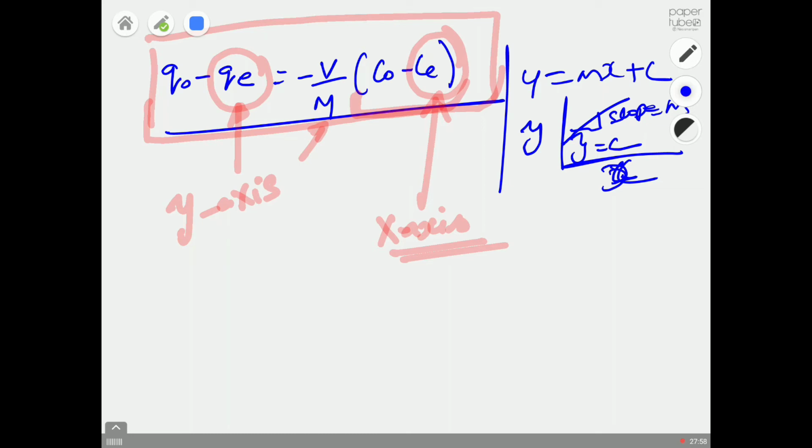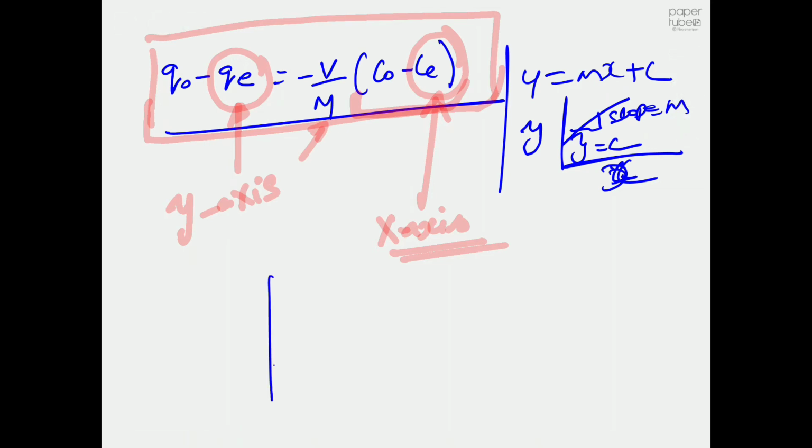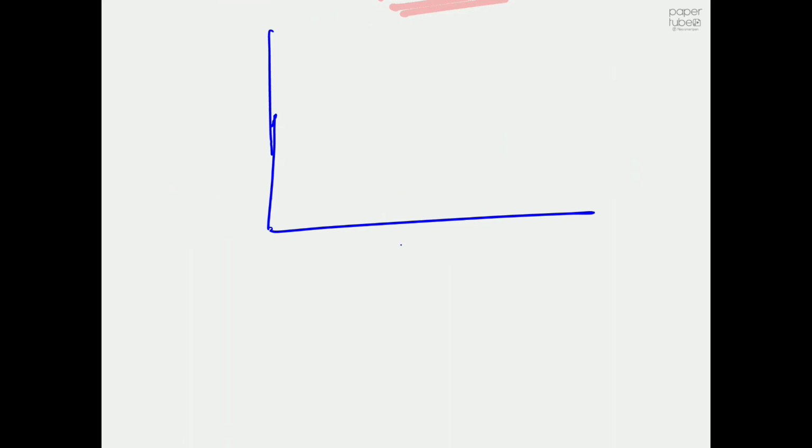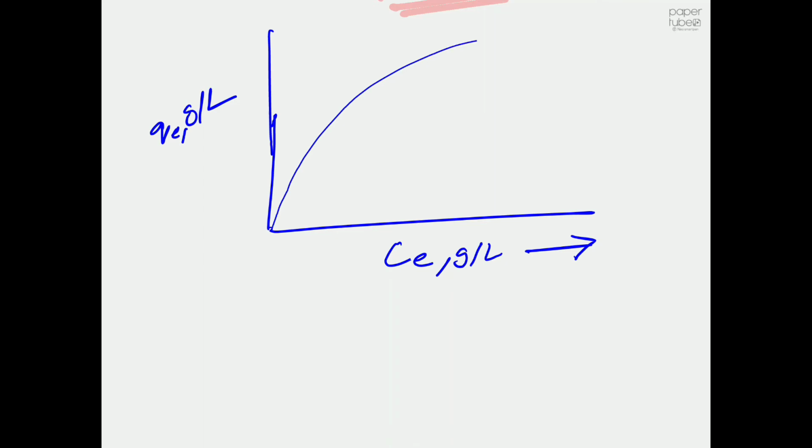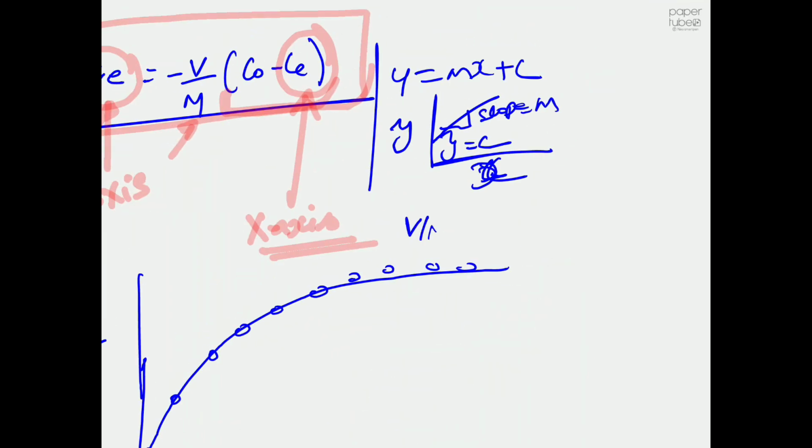so let me change to pen. Say your x-axis is CE expressed in grams per liter, y-axis is QE expressed in grams per liter, and then this is our equilibrium data. We did some experiment at a fixed V by M ratio.